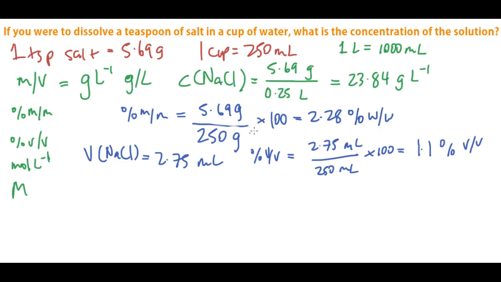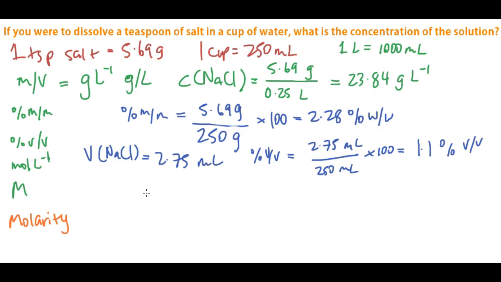Alright, now there's this last and actually the most important concept, this concept of molarity. Molarity is really important because this is how we measure the concentrations of solutions in chemistry.